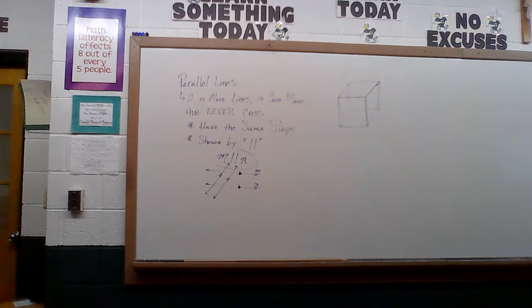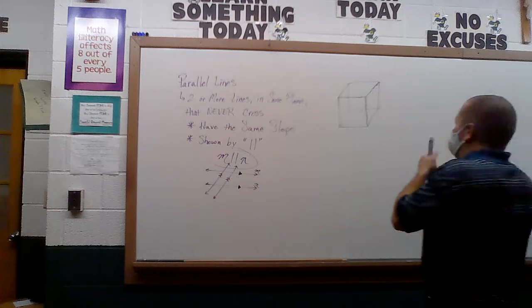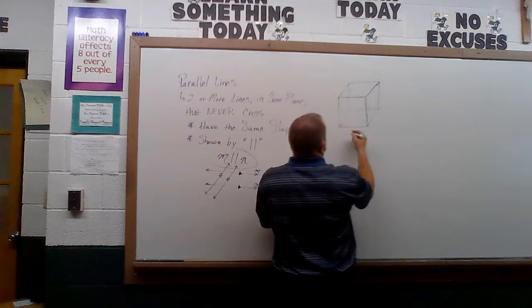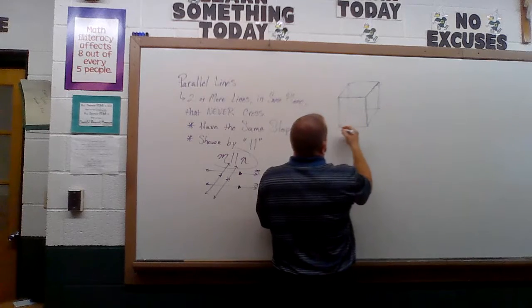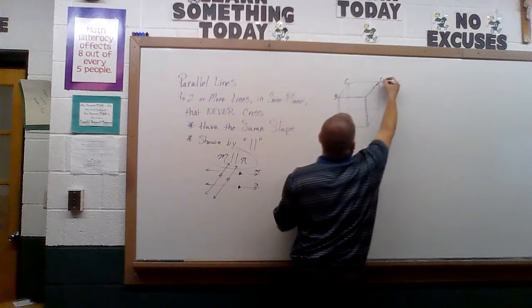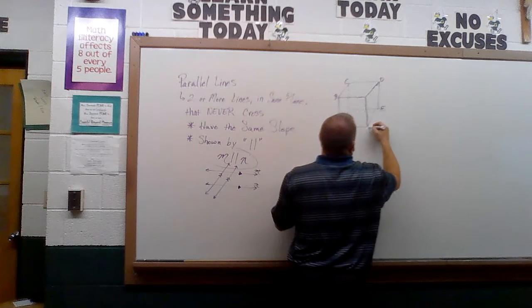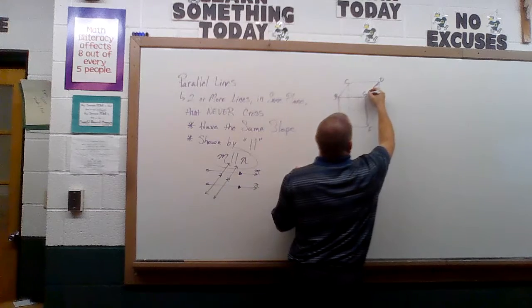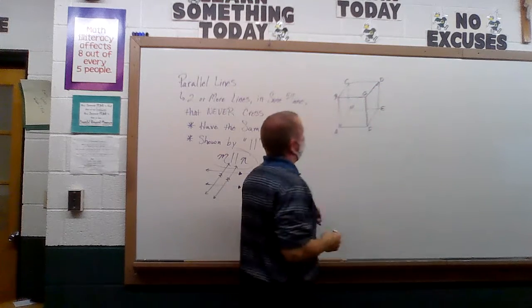What has to be true about a square? Not only everything that a rectangle is, but they also have all four sides that are the same. Okay? So if you started writing things here, let's just go in alphabetical order. I think I got all of them.